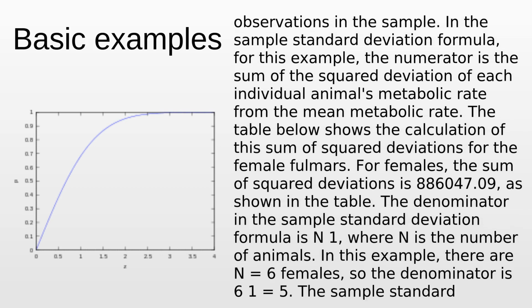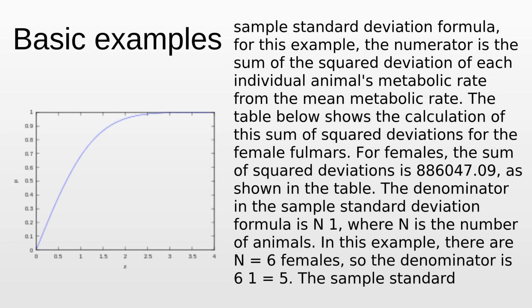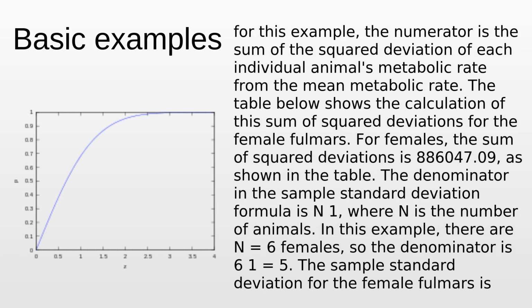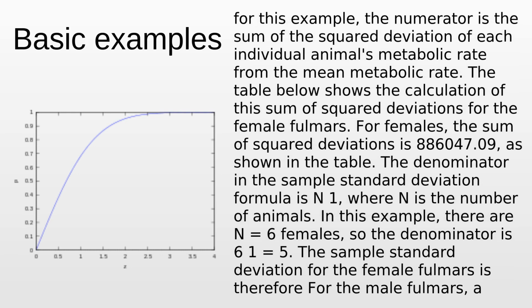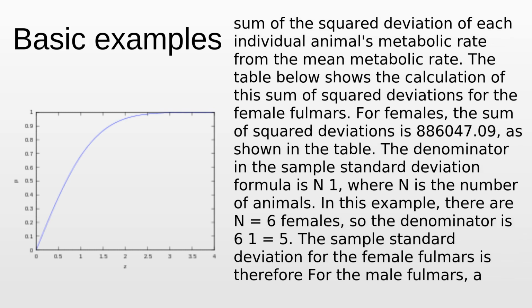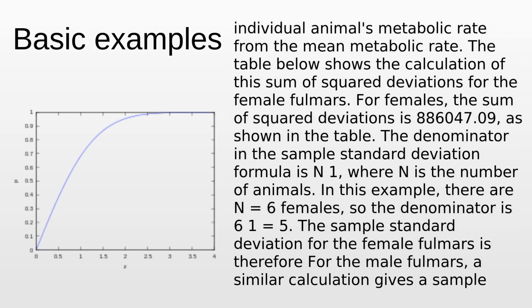In the sample standard deviation formula, for this example, the numerator is the sum of the squared deviation of each individual animal's metabolic rate from the mean metabolic rate.